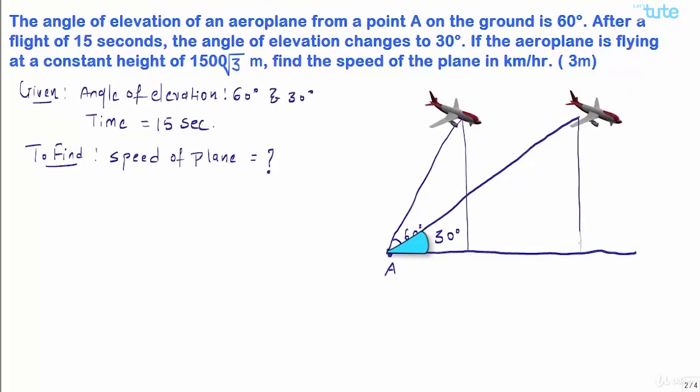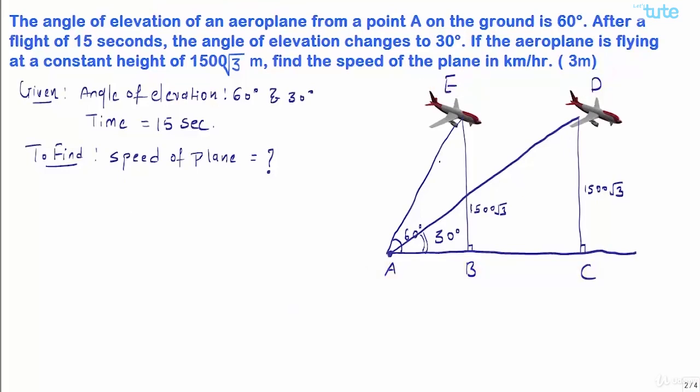Let me also denote the height of the aeroplane from the ground, which is given as 1500√3 meters. This height will also be 1500√3 meters because the plane is flying at a constant height, so the height will be the same. So this is the complete diagram. We can also name this diagram as A, B, C, D and E.